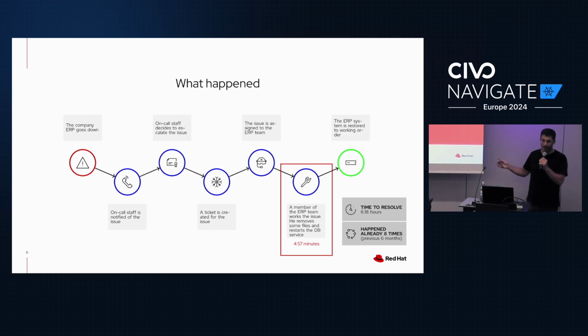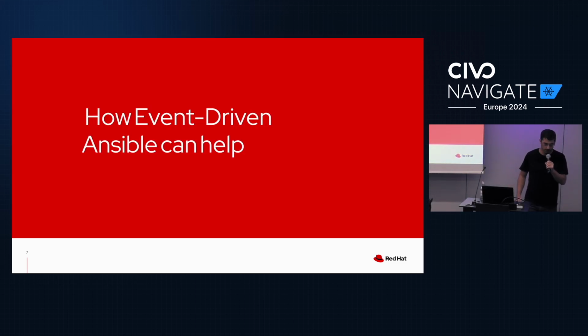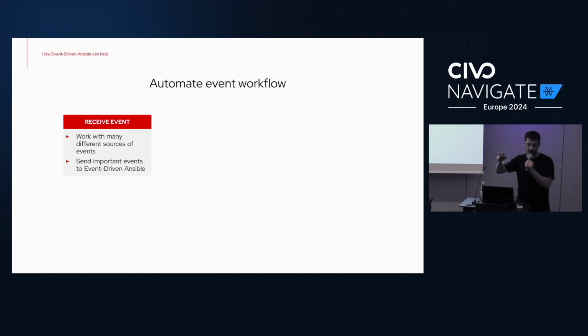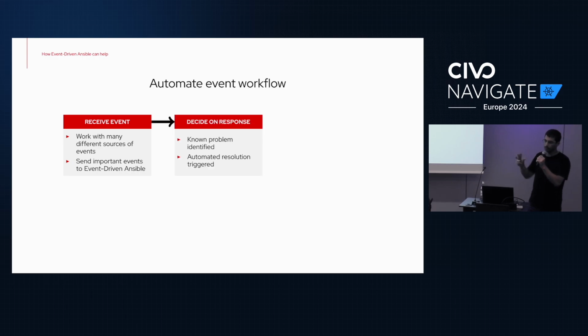And the way Event-Driven Ansible does this is with the logic that starts with an event getting received by the EDA tool. There is then a decision made on the event. Basically, is this an event that we already know and know how to fix?